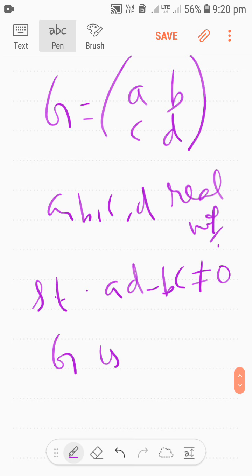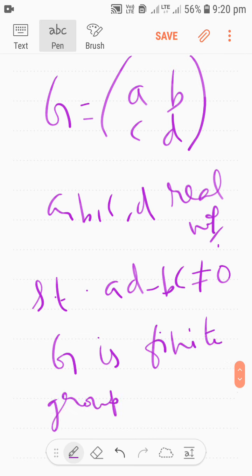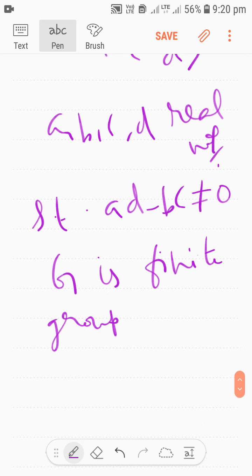Then G is a group under matrix multiplication, because all those conditions, closure, associative, identity, inverse, will be satisfied for these matrices, but it is infinite under matrix multiplication.